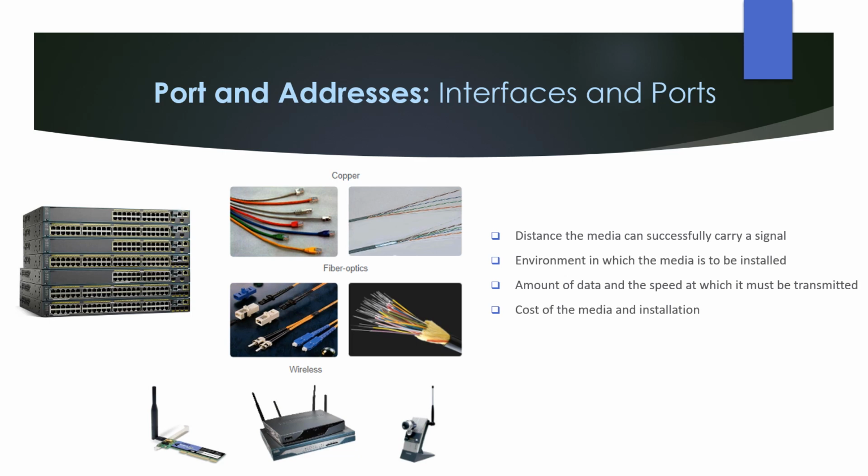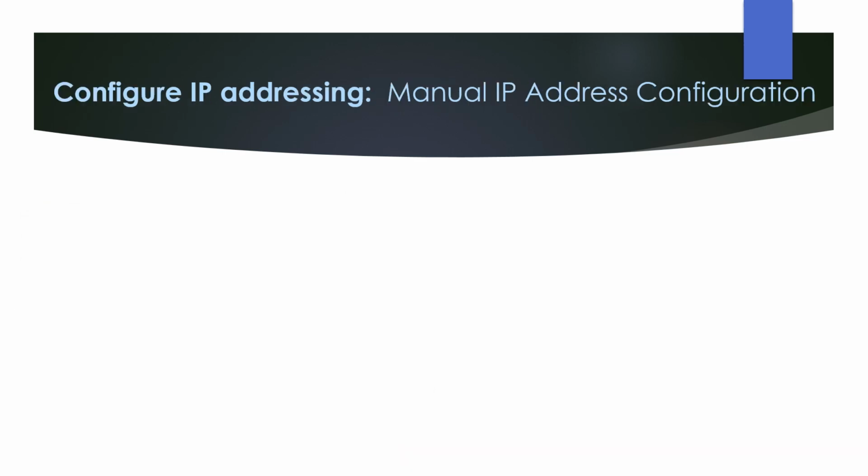So now let's go and configure some IP addresses. We have the manual IP address configuration for end devices. Much like you need your friend's phone number to text or call them, end devices in your network will need their IP address so they can communicate with other devices on the network.